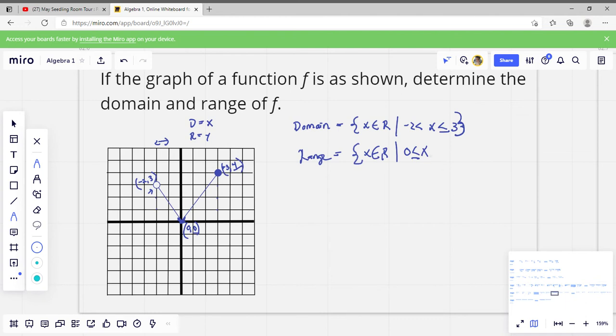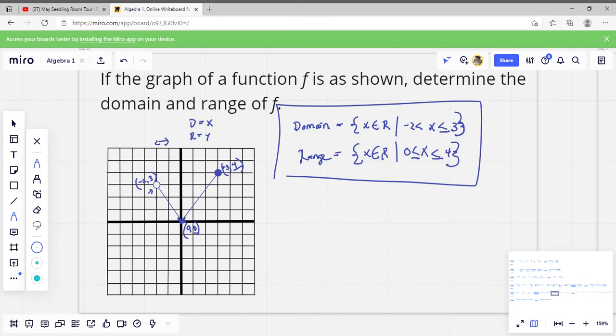All right, y, which is less than or equal to 4, because this is filled in, so it could be equal to. I didn't write my little bracket properly. So basically, you just make a conjunction for each of those. Domain is your x, and your range is y.